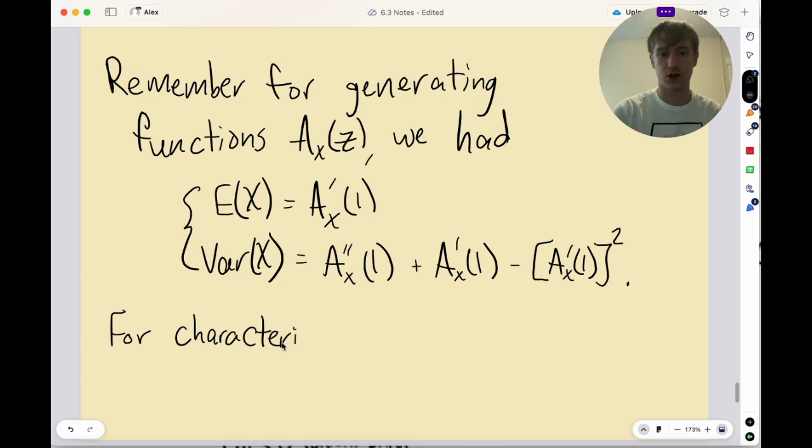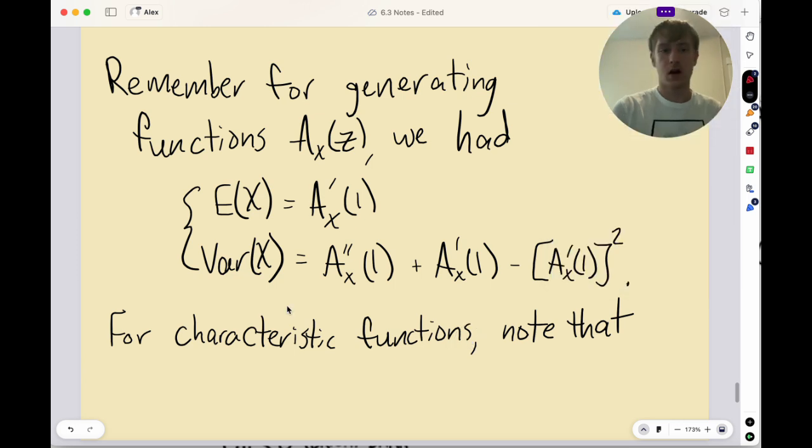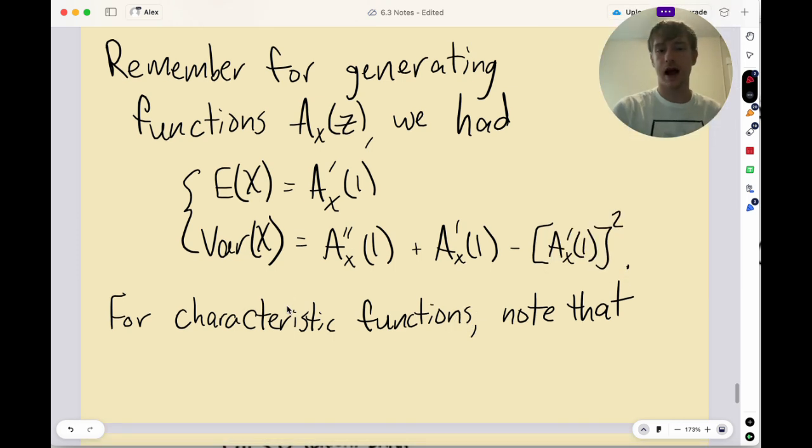Okay, so for characteristic functions, I want us to note something. Remember that we're noting e to the itX.